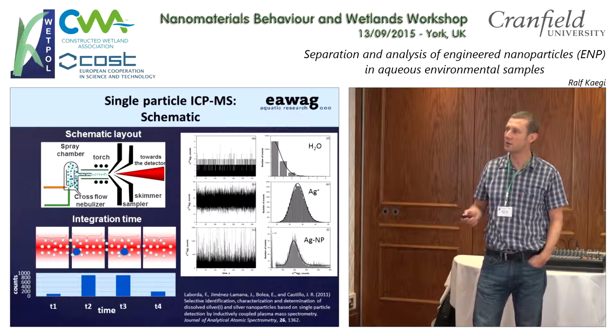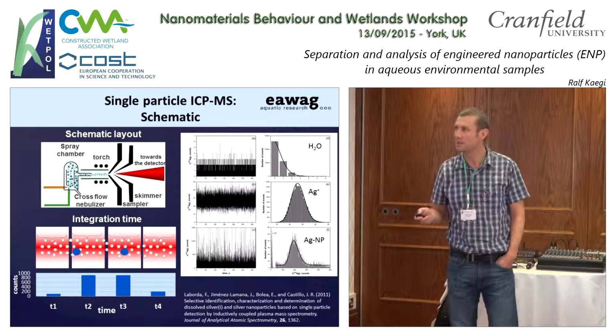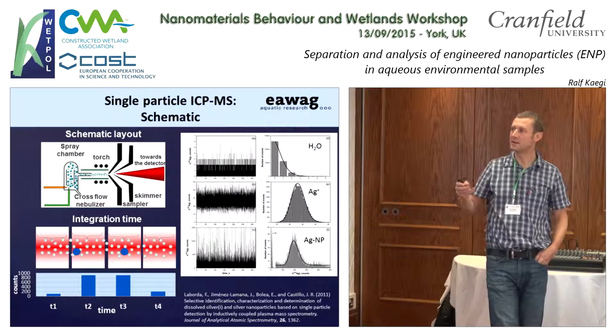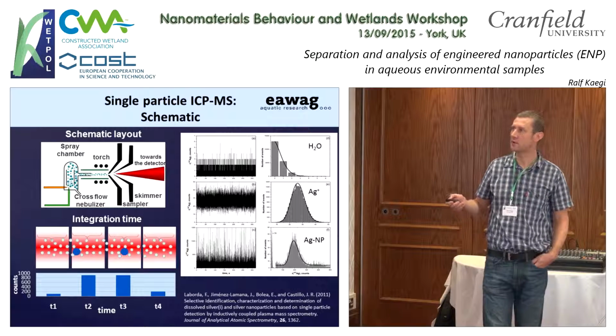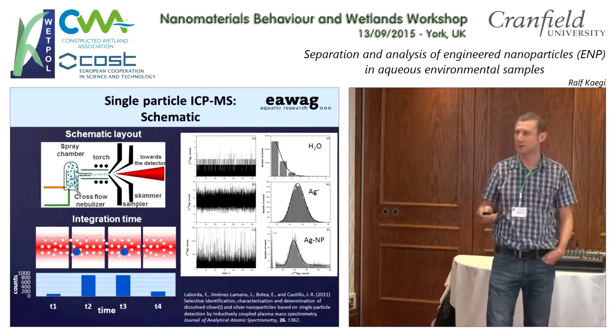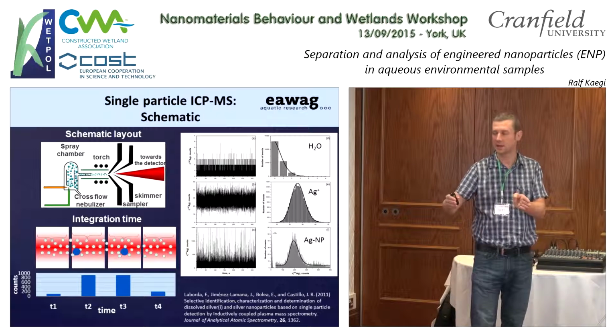Just very briefly, what you do, you nebulize or you spray your sample, you aerosolize your sample, and then you count, you basically integrate what's coming out here. It will be ionized, and you count the ionized for a certain amount of time. When you do it in the classical mode, you average over long times because you want to get an average signal.